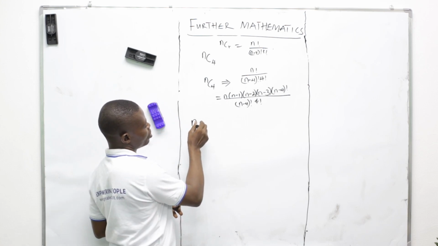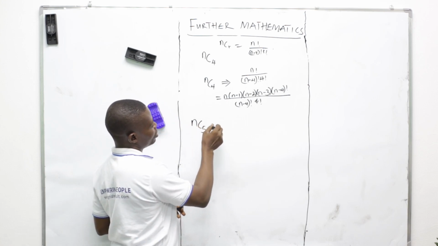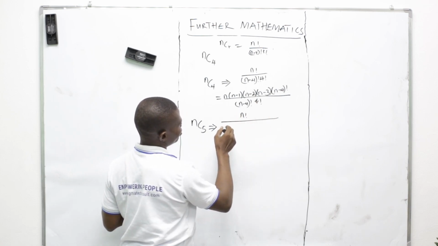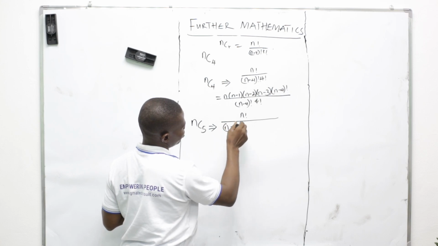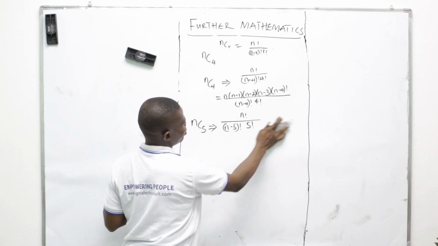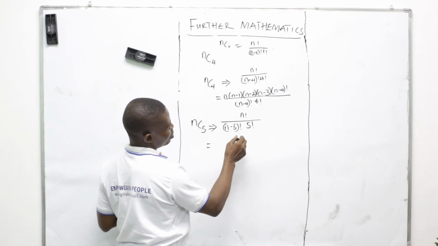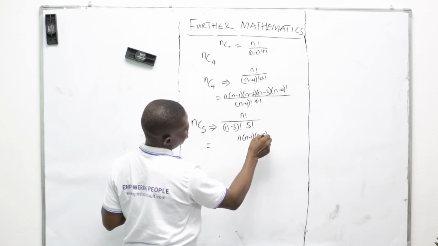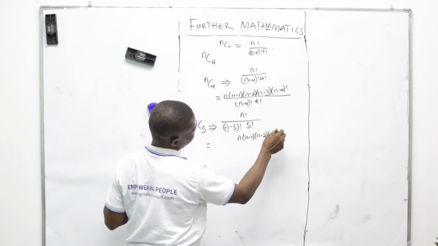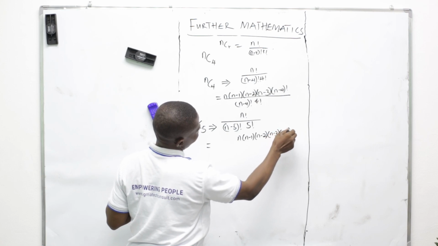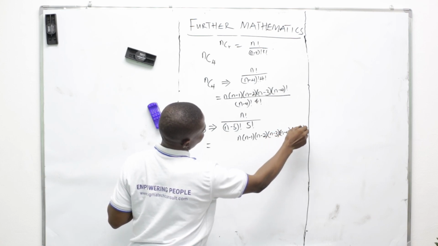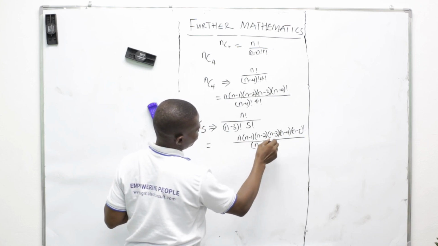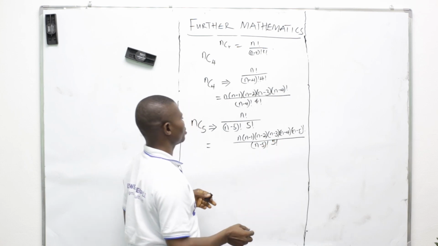So n combination 5 implies n factorial all over n minus 5 factorial 5 factorial. This will give us n into n minus 1, n minus 2, n minus 3, n minus 4, n minus 5 factorial all over n minus 5 factorial 5 factorial.